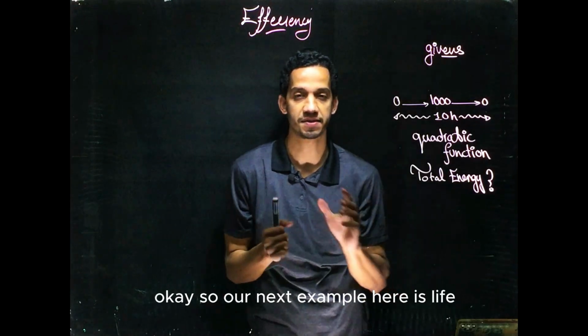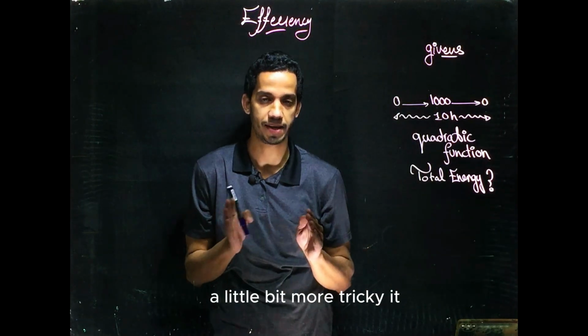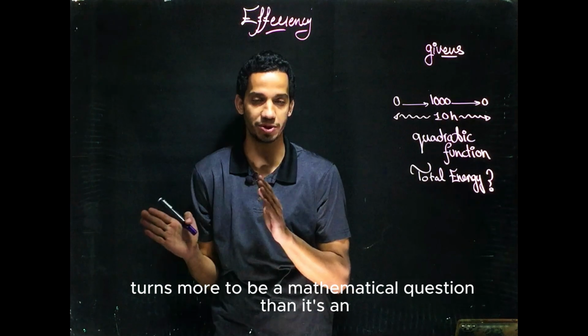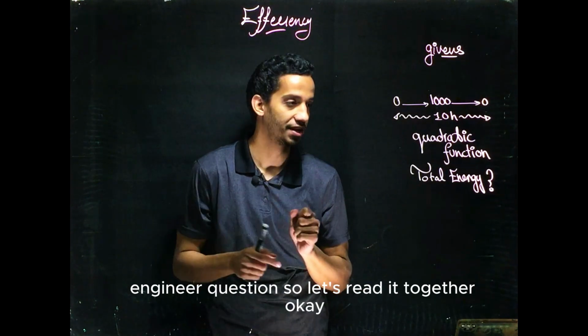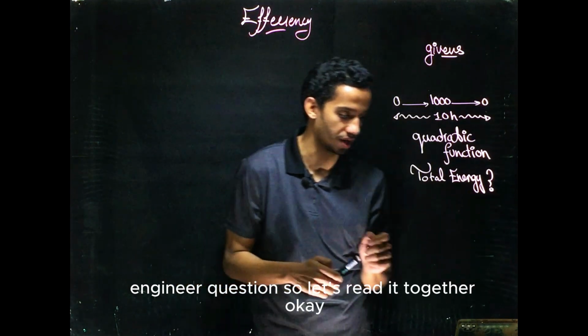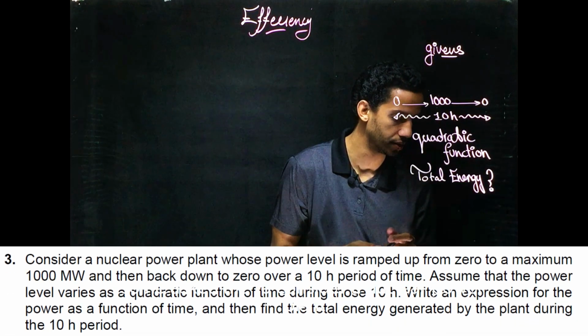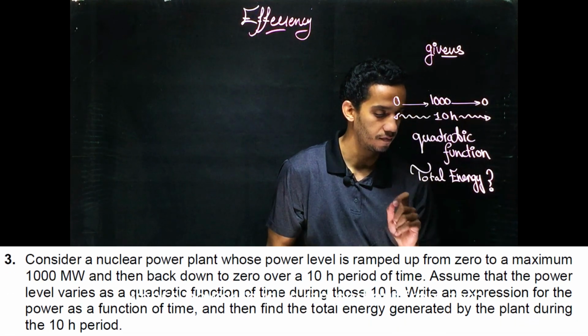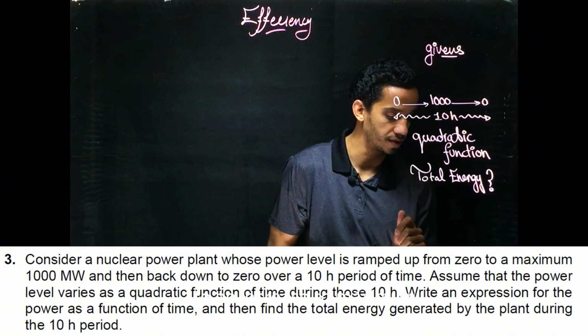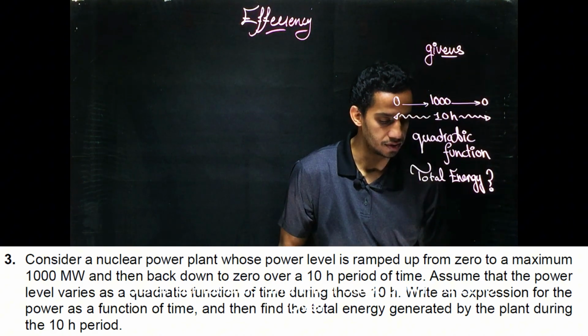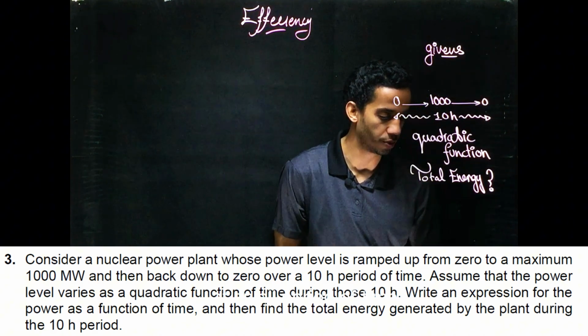Okay, so our next example here is a little bit more tricky. It tends more to be a mathematical question than an engineering question. So let's read it together. He asked me to consider a nuclear power plant whose power level is ramped up from zero to a maximum of 7 megawatts and then back down to zero over a 10-hour period of time.